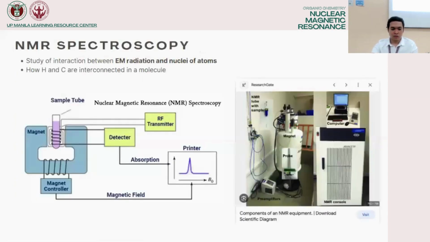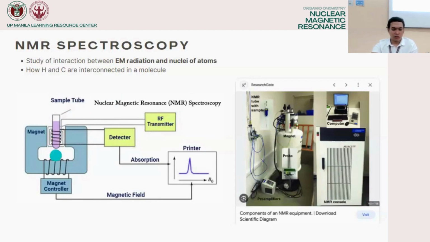So this is the typical setup of your NMR spectroscopic equipment. You have your sample here, and then you just put it in your NMR. NMR contains your magnet, your detector, and your RF transmitter.